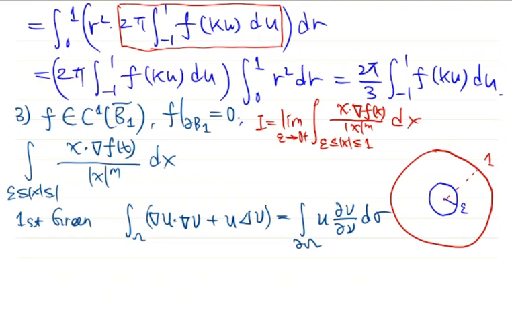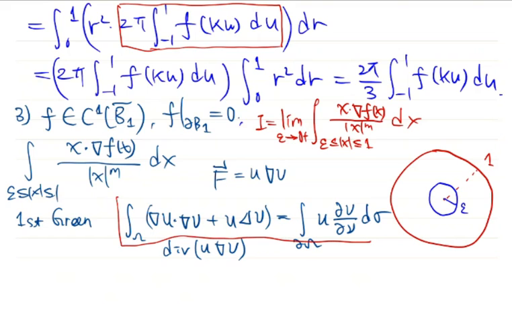The right hand side comes from the divergence theorem. Applying the divergence theorem to the vector function F equal to u gradient of v, we obtain the first Green identity.